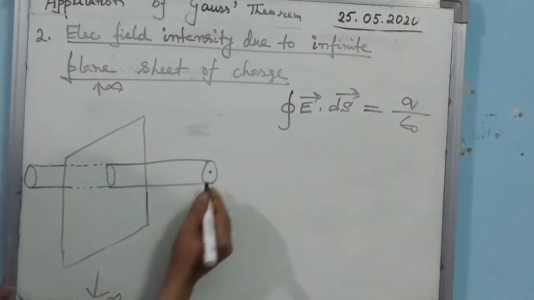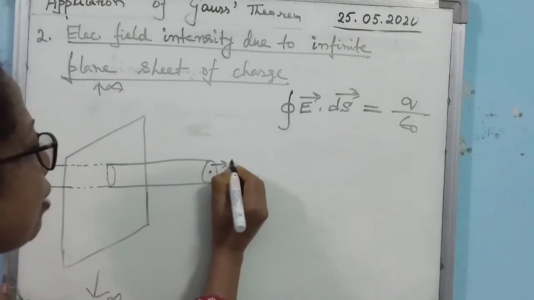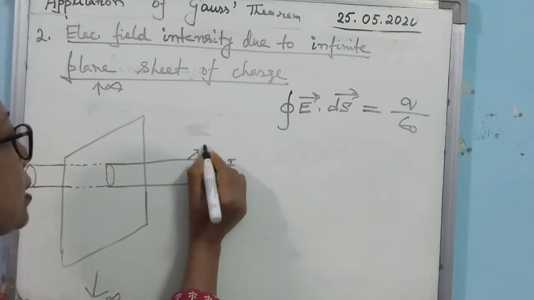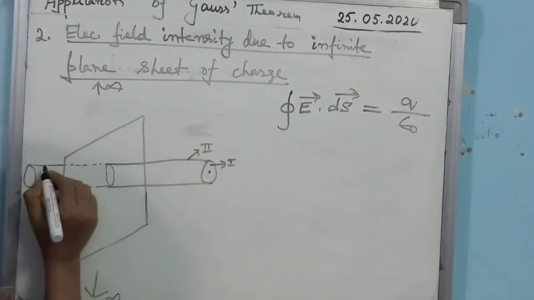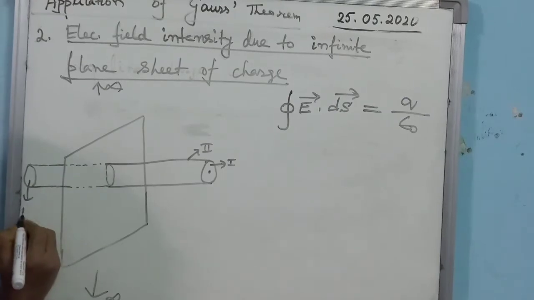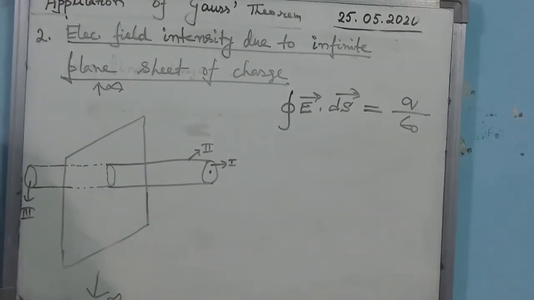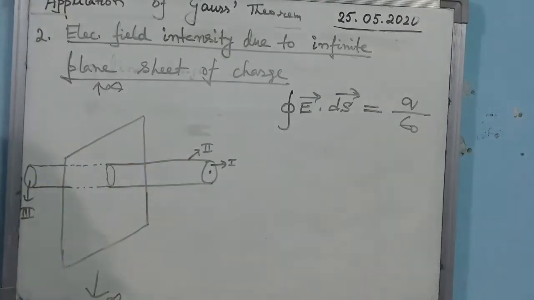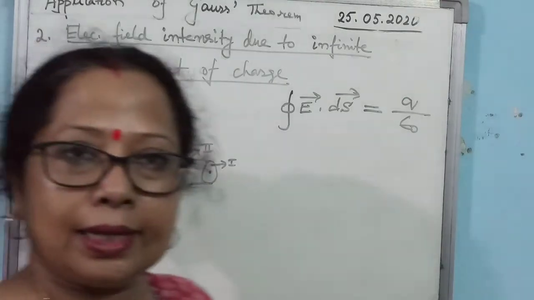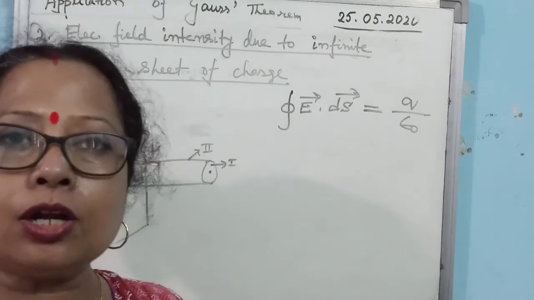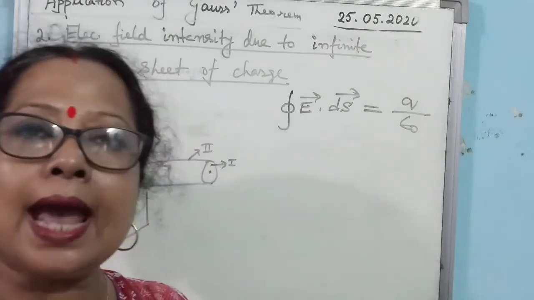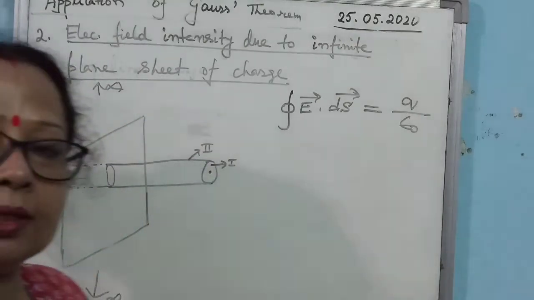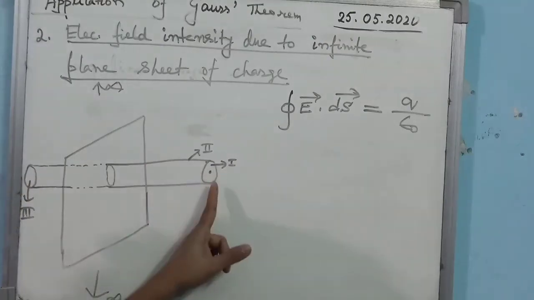Alright, so in this case also you see the cylinder is having three surfaces. So let us name it. This is the first surface, second surface, and this one is the third surface. Alright, so first of all, for all the surfaces, as we did earlier, show the direction of the electric field intensity and the direction of the surface vector for that particular surface.